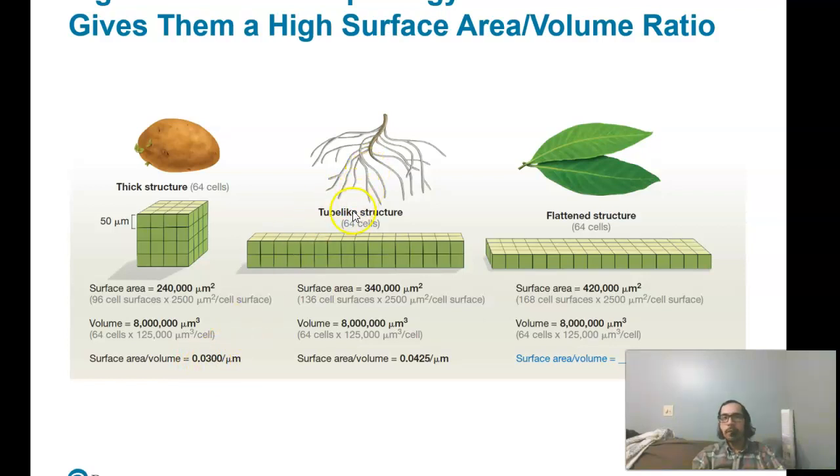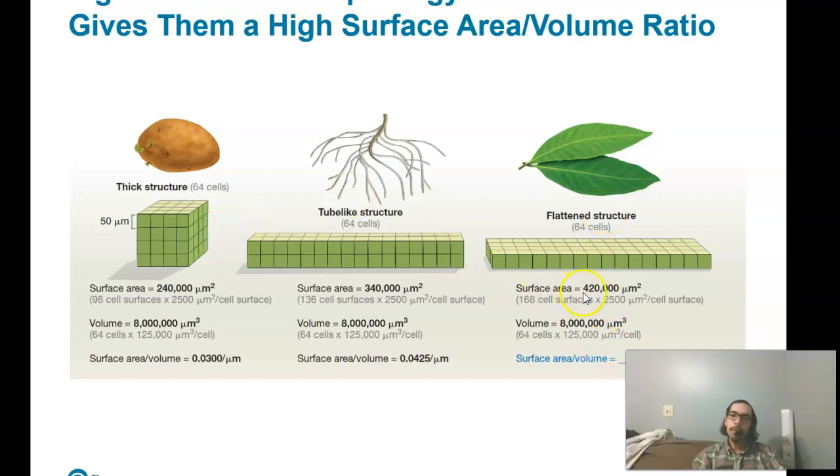For a tube-like structure like roots, when you divide the surface area by the volume, you'll get a surface area to volume ratio of 0.04. Okay, so this is a higher surface area. And then when you look at something like leaves, which are really flat, and you divide the surface area by the volume, you'll get something around 0.05.